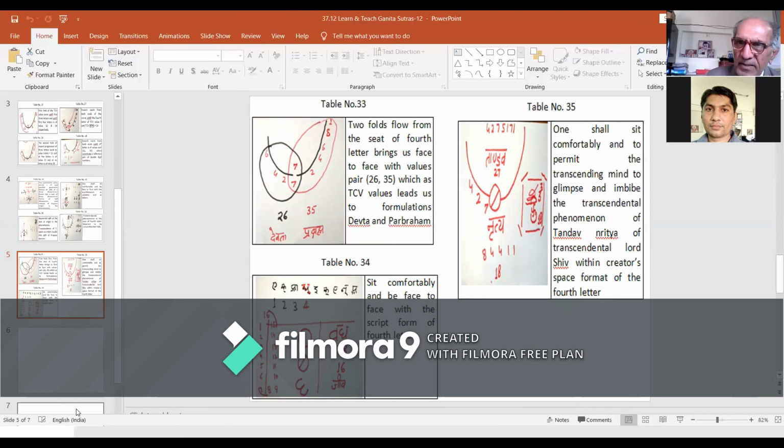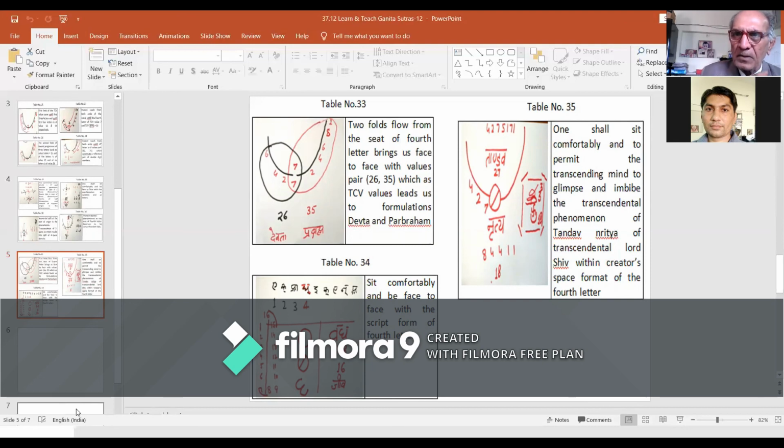This pair is indexing the transcendental reach of the mathematical domain. Value 26 is the TC value of formulation Devata, while 35 is the TC value of the formulation Parbrahma.